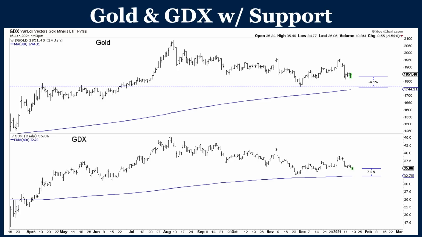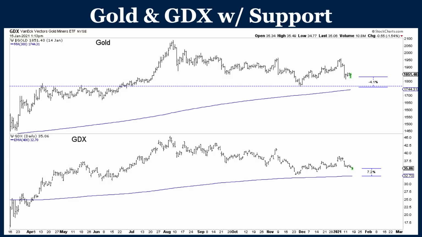So in this chart at the top, we have gold with the 300-day moving average, which as of yesterday was at 1744. Maybe that's 1745 at the end of the day. But there's about 4% downside to the late November low, which was, I believe, in the 1760s, maybe 1760. And the downside from here, 1831, down to 1744, that's just below 5% to that moving average.